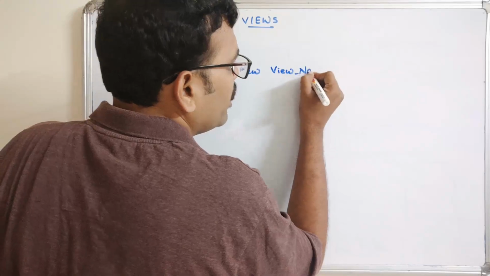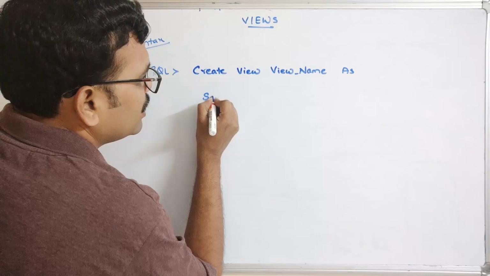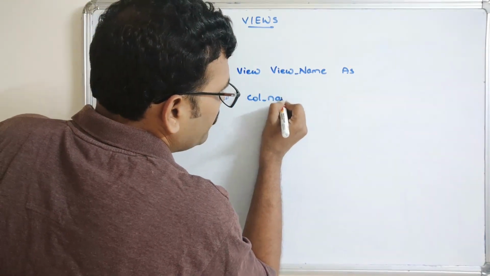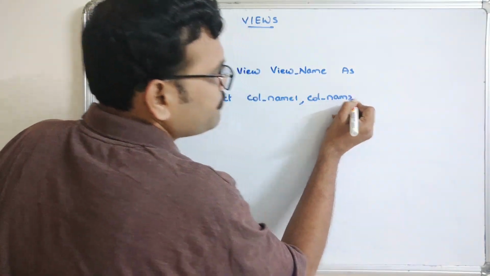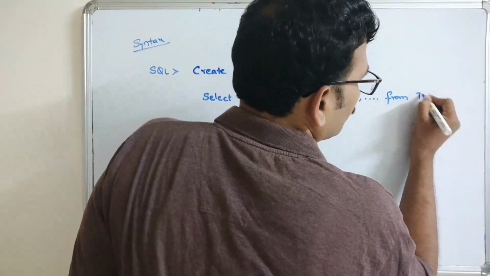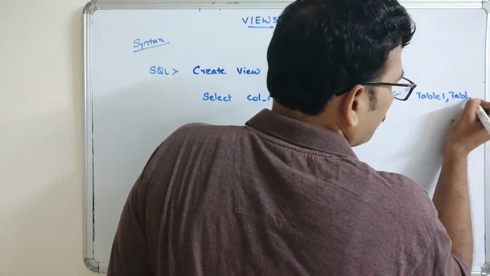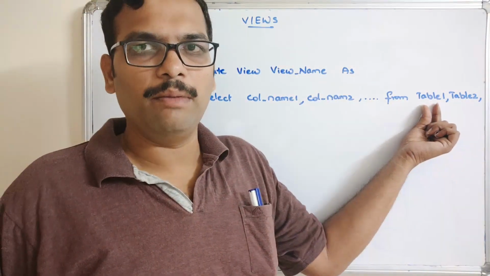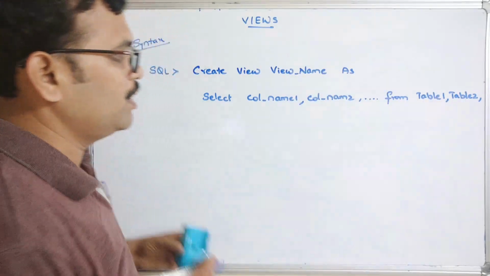Similar to our table name, we have to give the view name as, write down the query here: select column name 1, column name 2, etc. from table 1, table 2. If it is only one table, we can write only one table here. If you want to extract portions from multiple tables, we can use these multiple tables.